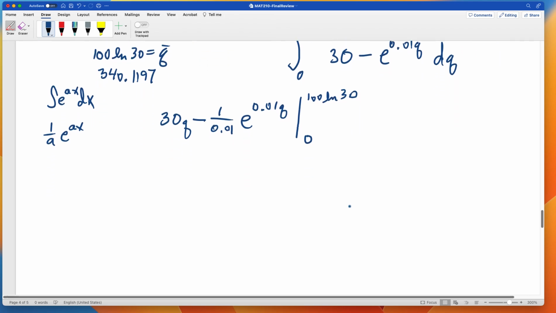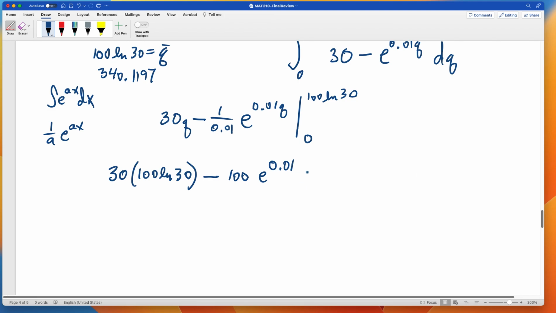Okay, so we'll go ahead and plug those in. 30 times 100 natural log of 30, that's being plugged in for q, minus, I'm going to rewrite this 1 over 0.01 as 100, e to the 0.01, and we'll plug in q here, 100 natural log of 30.